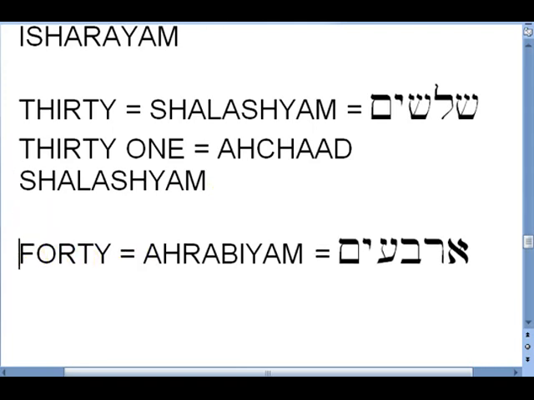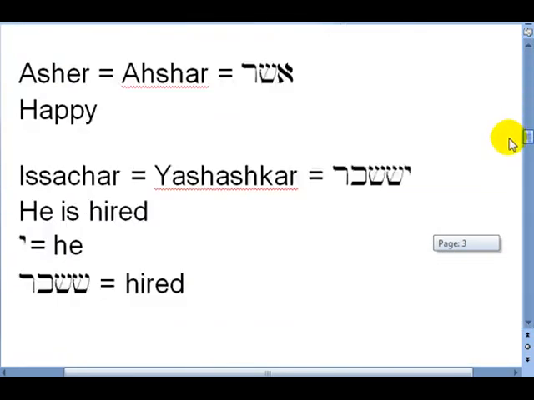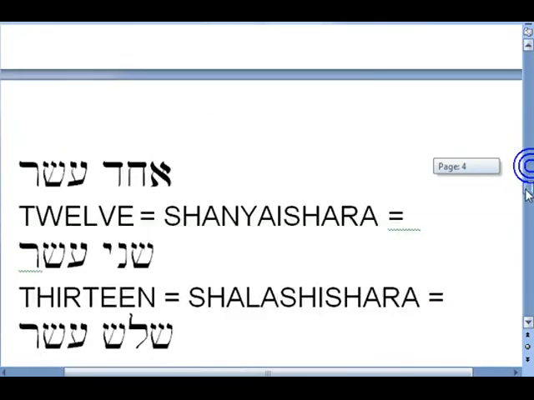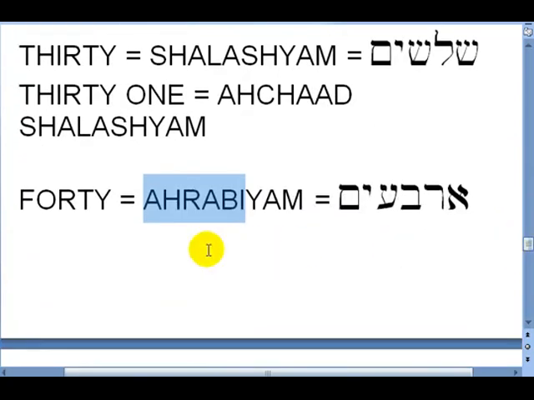Same thing here. See, this is 40. Arabai is number 4. Watch. Go back up to the top. Number 4 is what? Arabai. Now what do we have down here for 40?